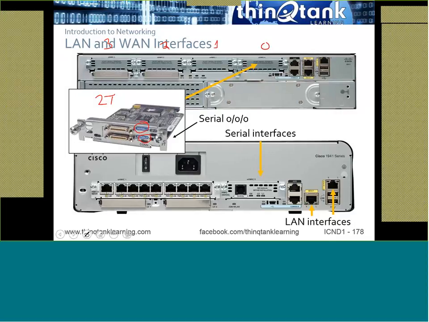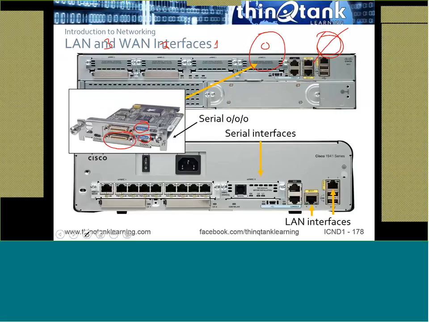The numbering scheme basically represents where the card is installed and where the cable is plugged into. The first 0 is the whole chassis. The second 0 is the slot that the card was put into. And the third 0 is the port on the card that you plug the cable into.